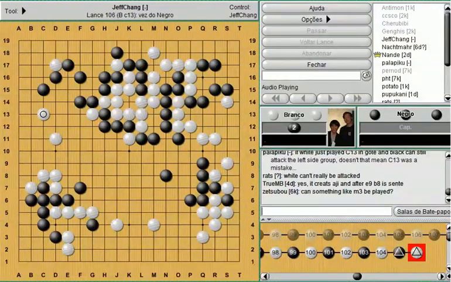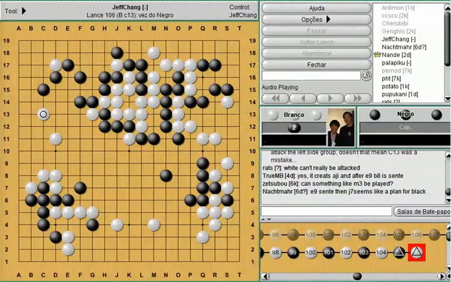So earlier I answered, if B11 is white, I'm gonna answer at C12. I can't see anything working. I think B8 is sente anyway.